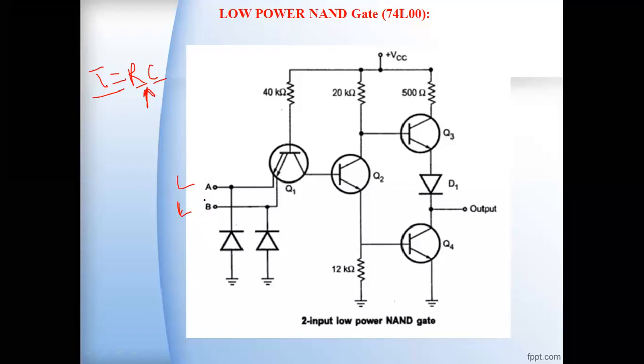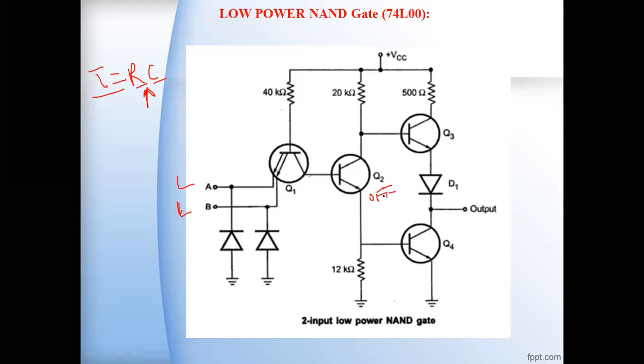So since the inputs A and B are low, the transistor Q1 conducts. When the transistor Q1 conducts, the voltage of the Q1 collector is dropped, and that dropped voltage is insufficient to drive the transistor Q2. Therefore, the transistor Q2 will be off.